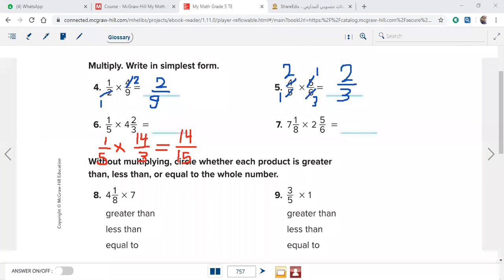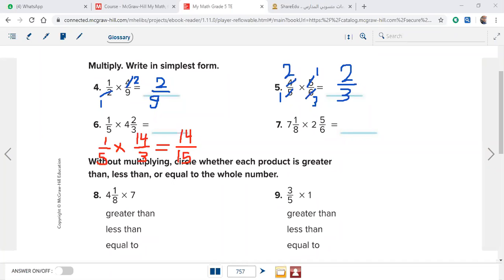Keep the denominator 8, then multiply the denominator by the whole, 8 times 7 is 56, plus 1 is 57. Okay? Multiply.